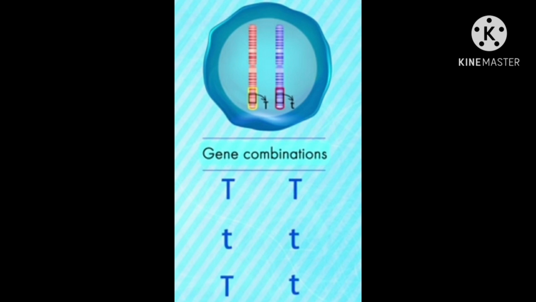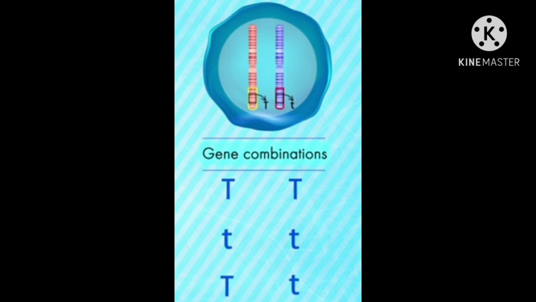The character of height in pea is controlled by growth hormones. They are synthesized through enzymes produced by protein formed by growth factor. The dominant factor for tallness, that is capital T, synthesizes a protein that efficiently gives rise to growth hormones.